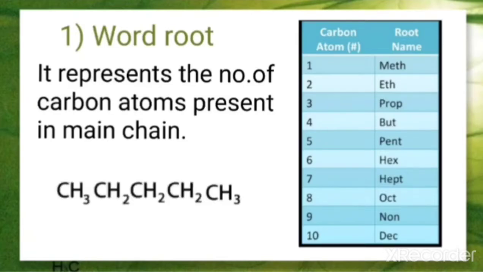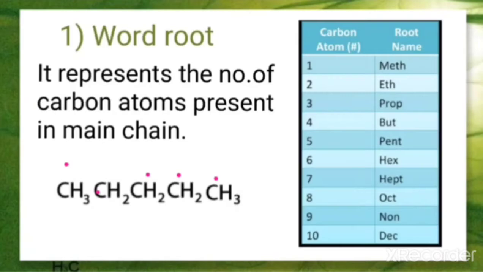This is one organic compound. Let us count the number of carbon atoms present in the main chain, because here there is only one chain, so that is the main chain. How many carbon atoms are there? Just count: 1, 2, 3, 4, 5. There are 5 carbon atoms.